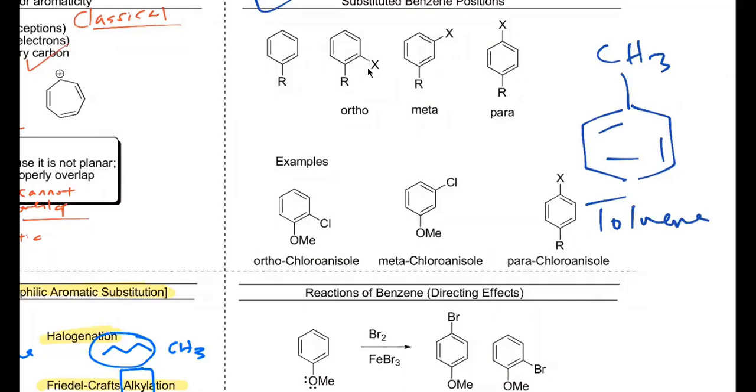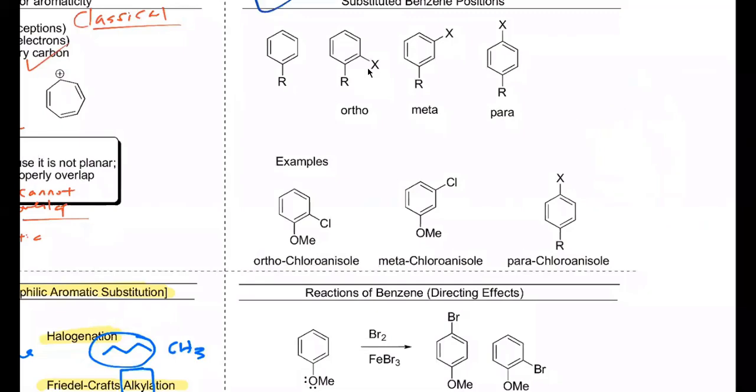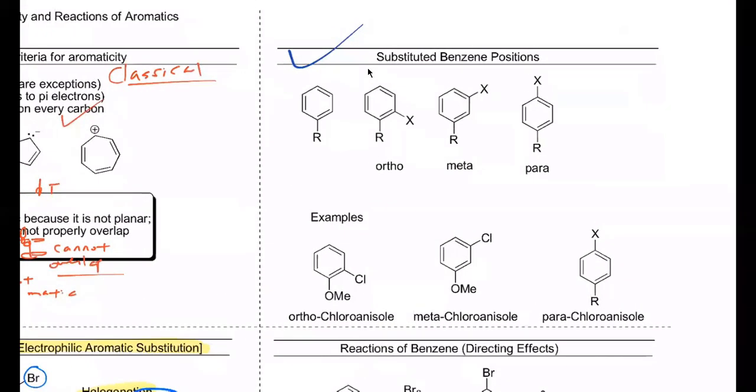Now, what happens when you stick a second substituent on? It's shown right here. So this will be an example of what we call a disubstituted benzene.